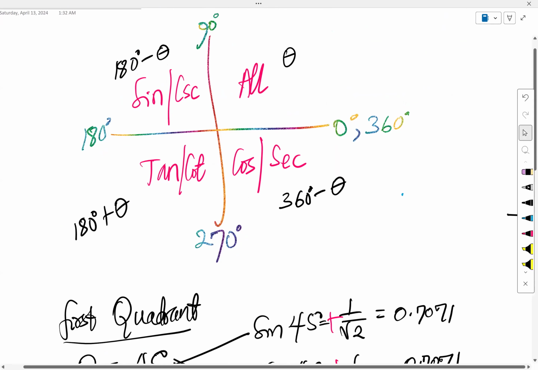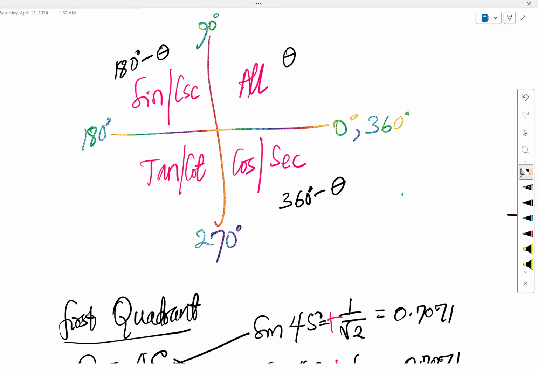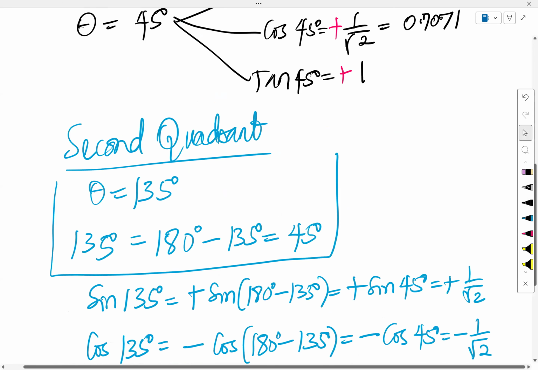Maybe what I should have done here is this: any theta you have here, you're going to have that theta minus 180 degrees. Yeah, I think that's a better way. In the second quadrant you have 180 degrees minus theta, but in the third quadrant, you have theta minus 180 degrees.